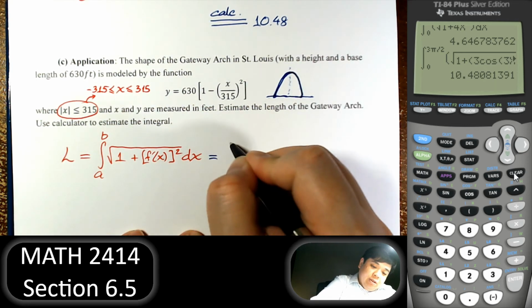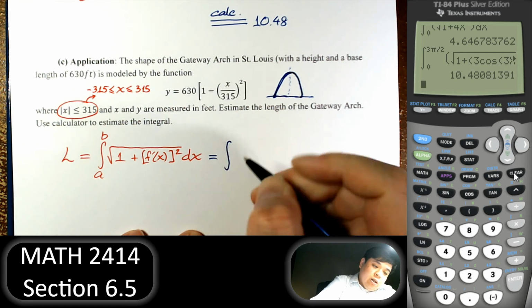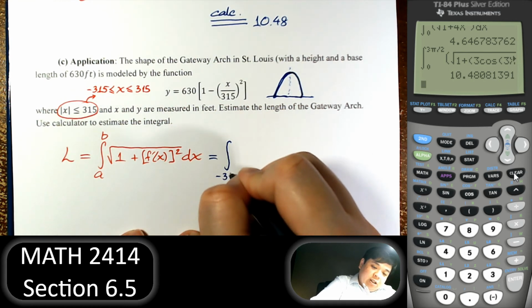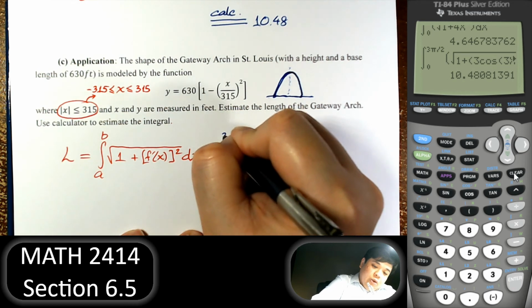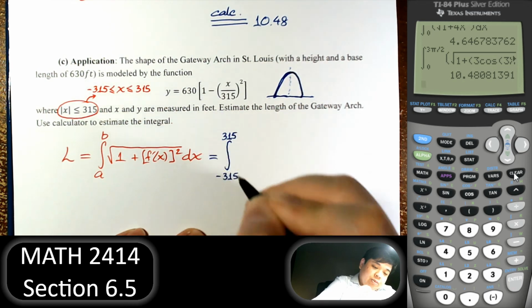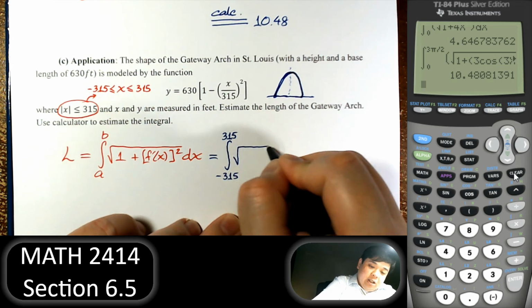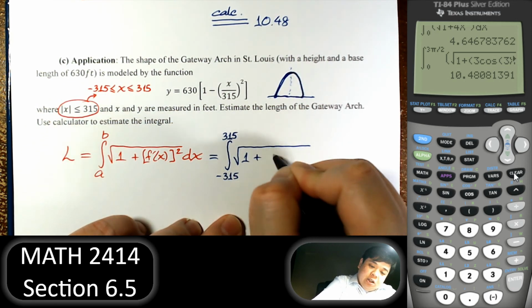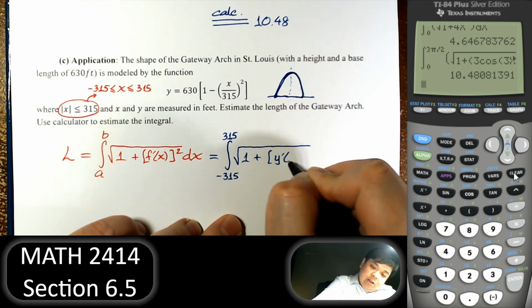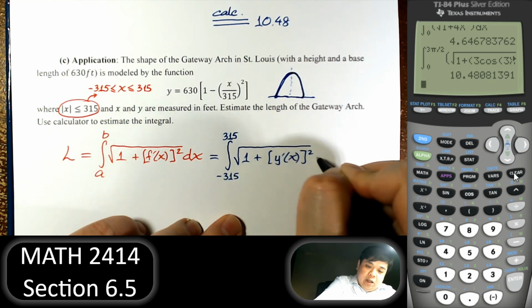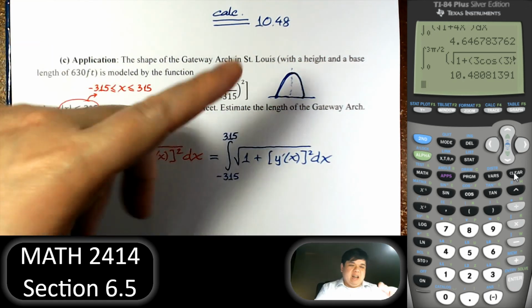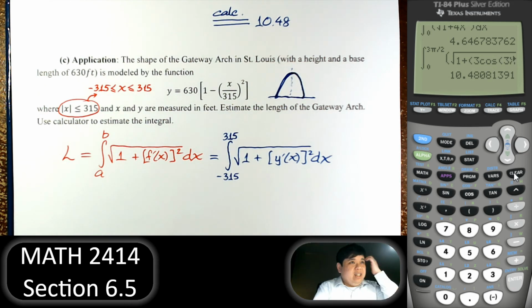Anyway, so we go from negative 315 to 315, and then here we just say 1 plus the derivative squared, because I don't want to take the derivative of that quadratic function. It should be simple, but yeah, the number is not very friendly.